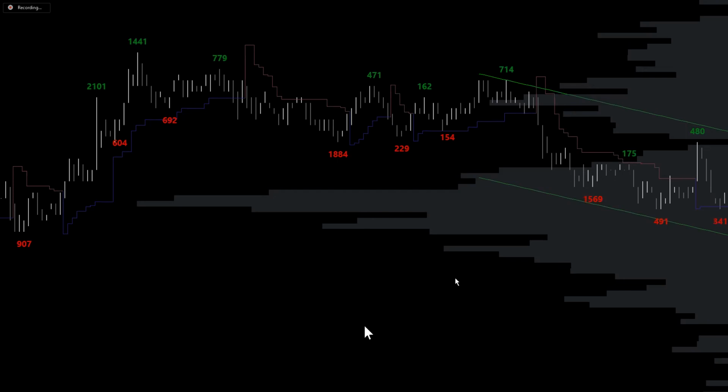It shows you whether the swings are important or not. As soon as this 1569 came in, there's more volume to the downside. The short time frame is basically where scalpers want to see the immediate action, right?